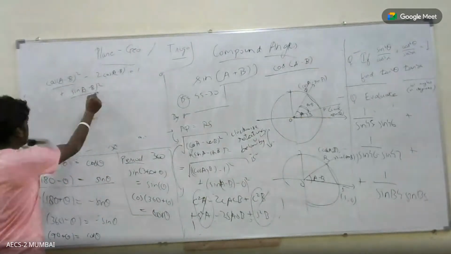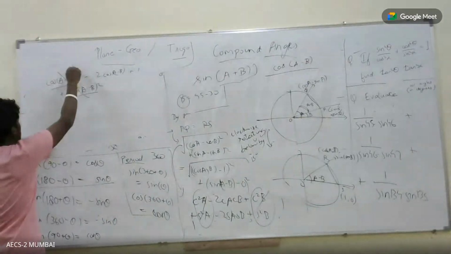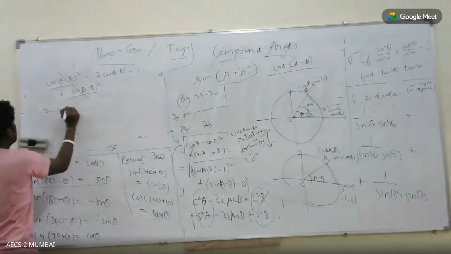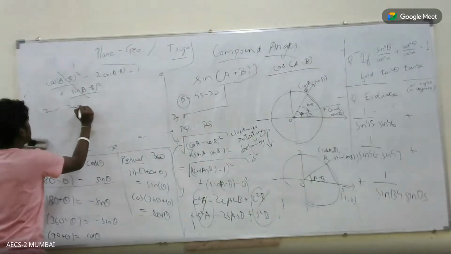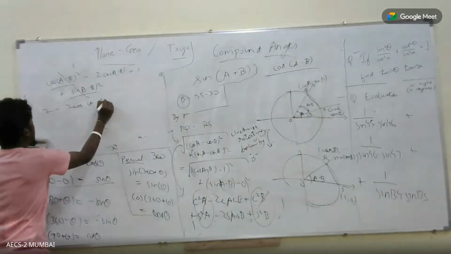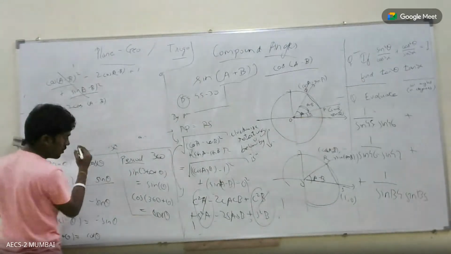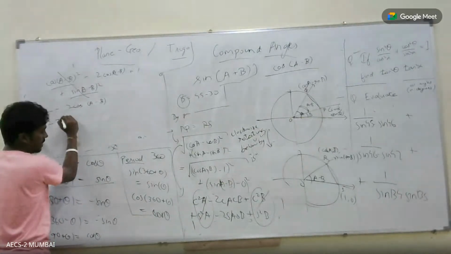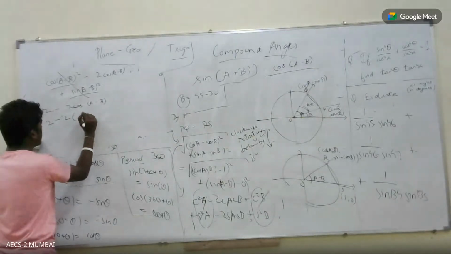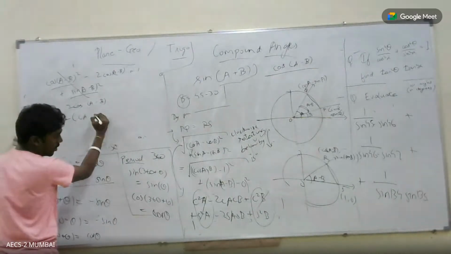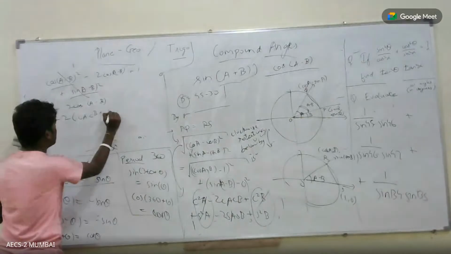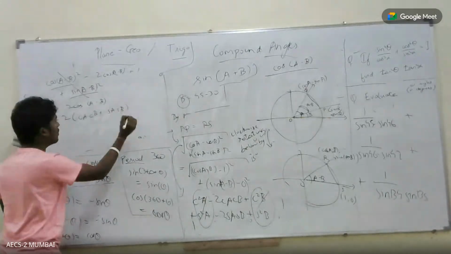What is this? 1. Lovely. So we have 2 minus 2 cos A minus B is equal to 2 minus 2 into (cos A cos B plus sin A sin B).